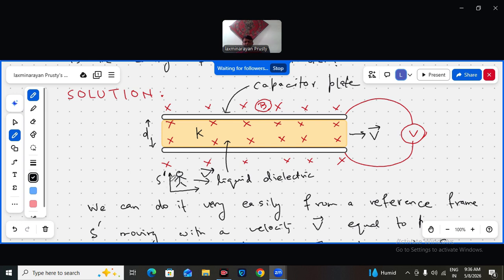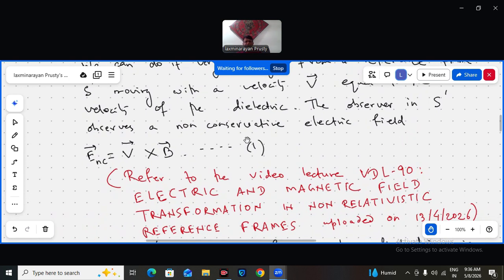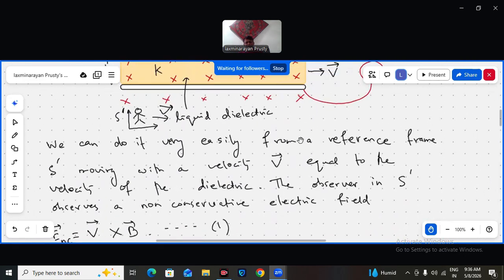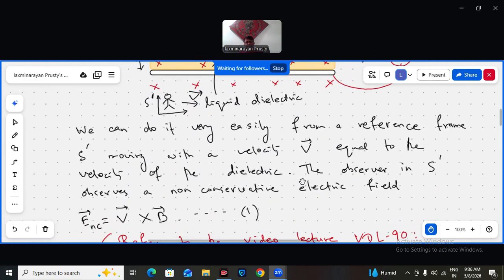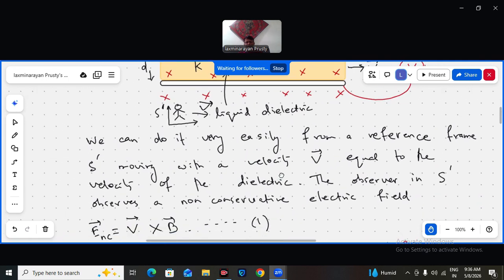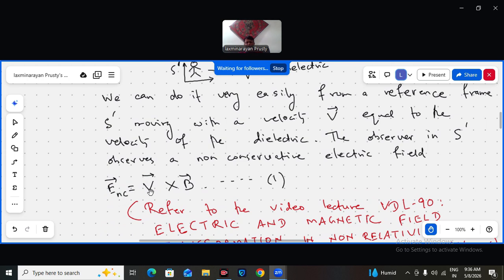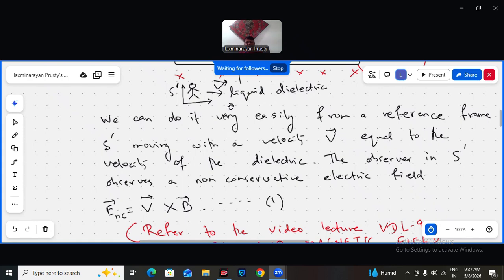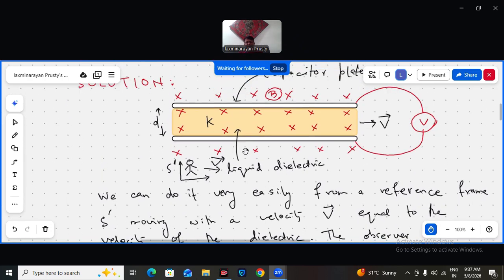So in this reference frame S dash, this is also moving in the magnetic field. And what I discussed, to remember, an observer moving in a reference frame where there is a magnetic field B will see a non-conservative electric field. So the S dash observer will see a non-conservative electric field given by v bar cross B bar, where v is the S dash velocity with respect to S.